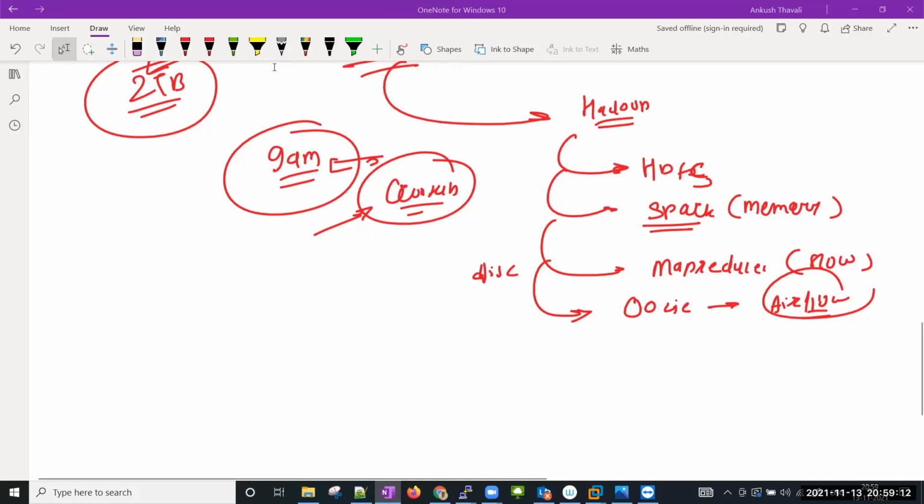And again, we have the option for dynamic and static allocation. We should never use dynamic allocation, because what happens, suppose you submitted 100 terabytes of data, and when you started your job on the cluster, none of the jobs is running.